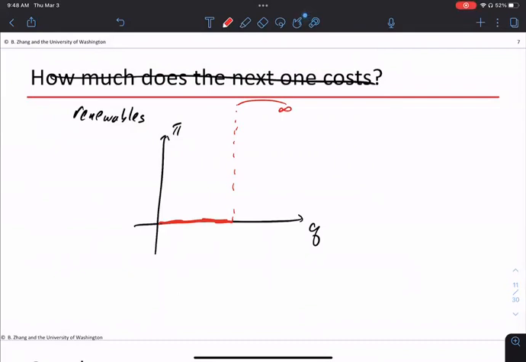You almost never see this kind of supply curve in other contexts. It's very, very rare, because what other things are free and then impossible? This is an interesting shape for renewables.